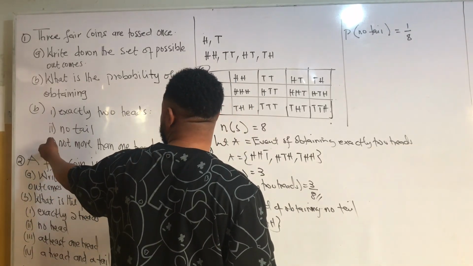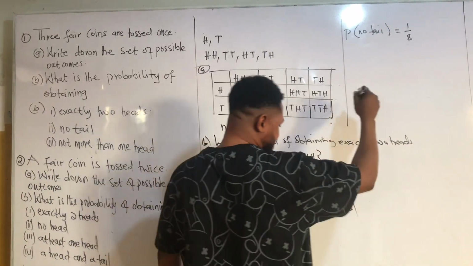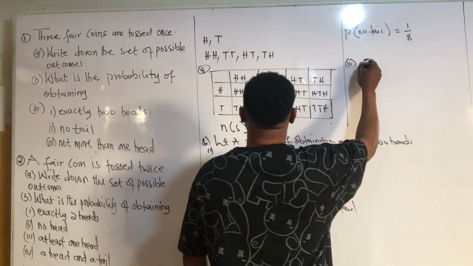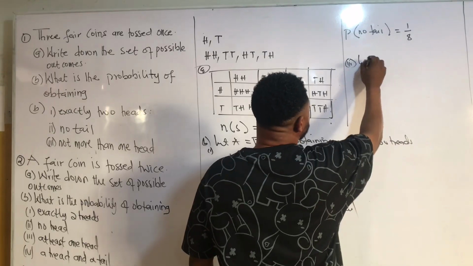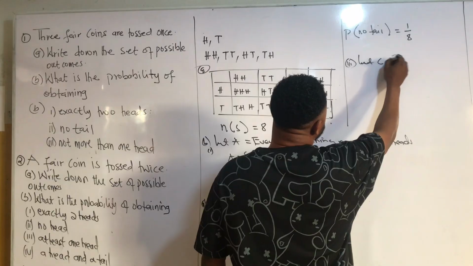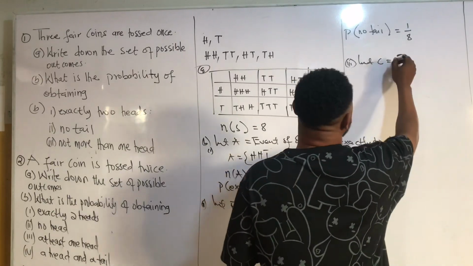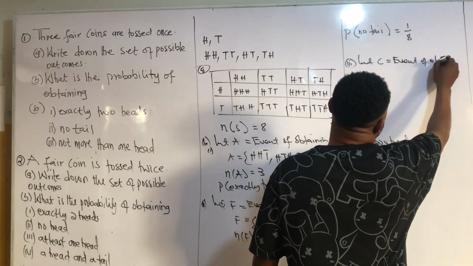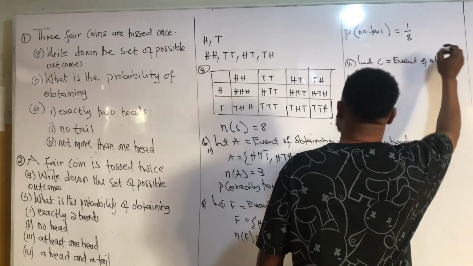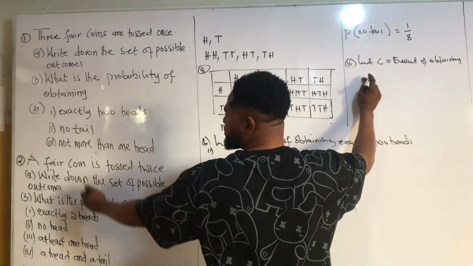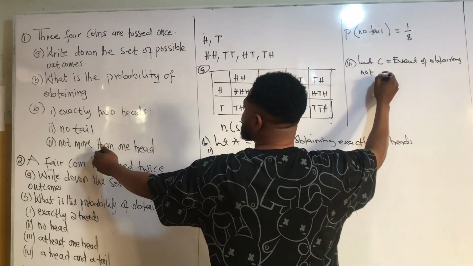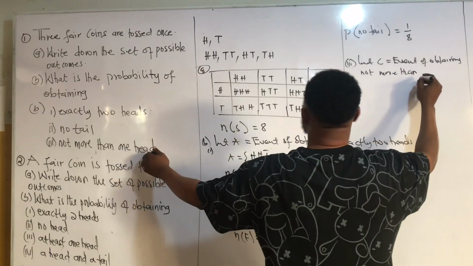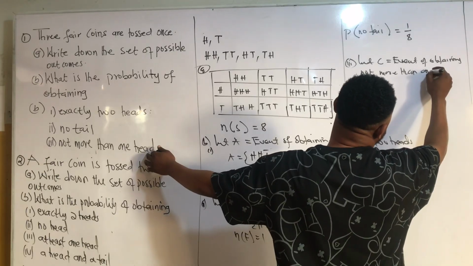Let us look at the III. So the III will be, we can also say, let C equal to the event of obtaining not more than one head.